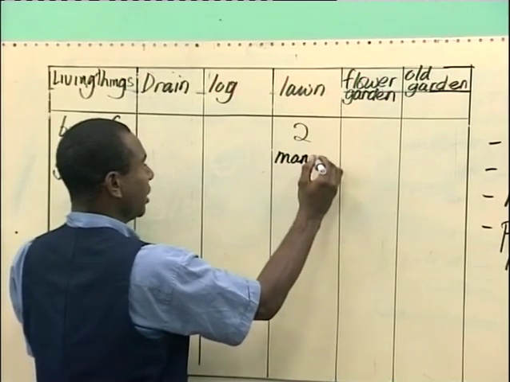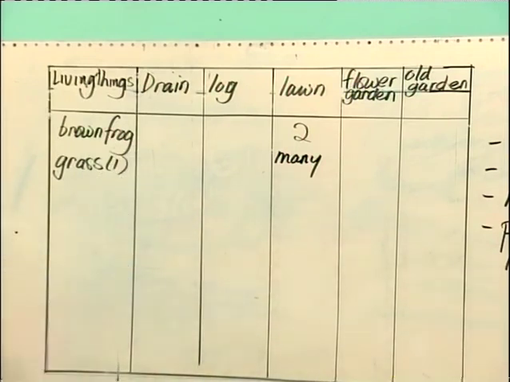If you could not count them, you write many. Okay. So if you have a table similar to this or you have a different one, that is okay. But this is what you're going to do.